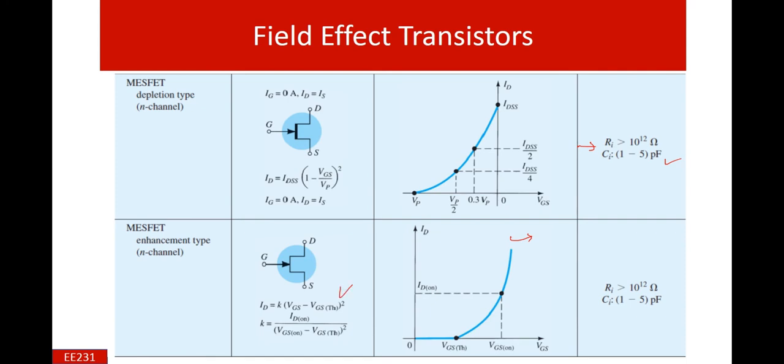And here this coefficient k is again defined, and these are the electrical parameter characteristics, that impedance is very high and the capacitance is relatively low as compared to the MOSFETs, because in the MOSFETs there is a layer between the channel and the gate which is some dielectric, an insulator.